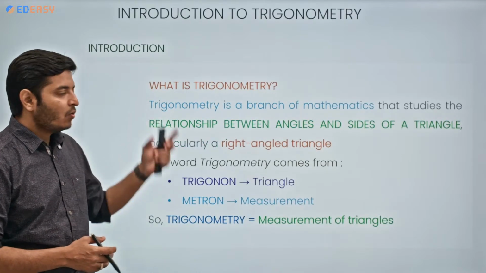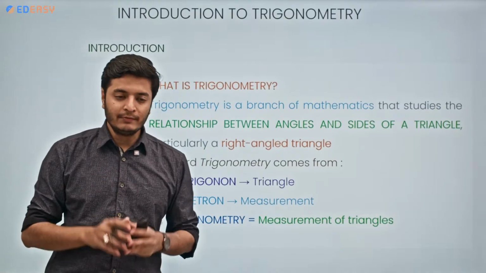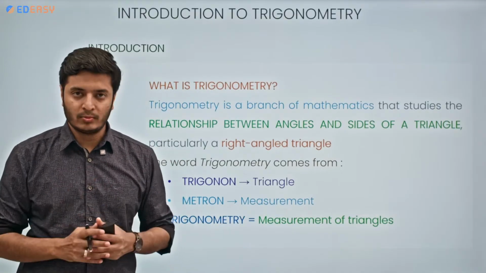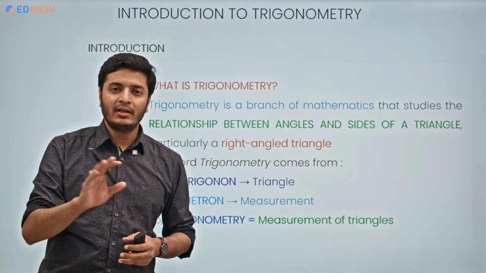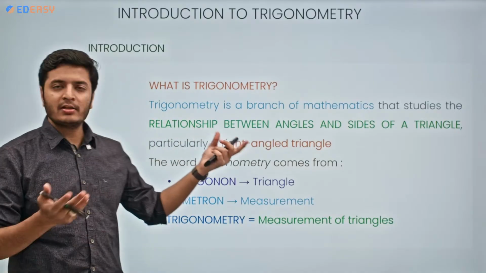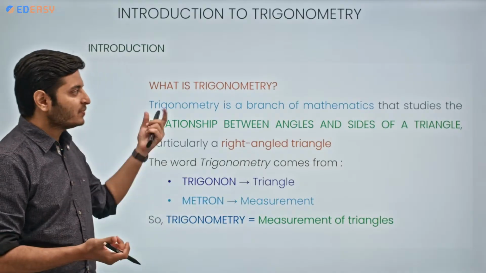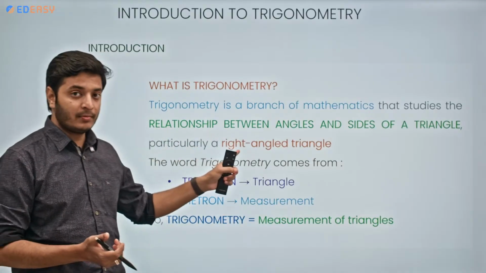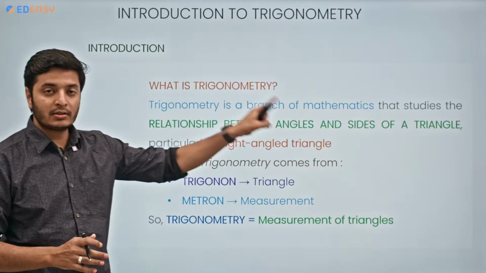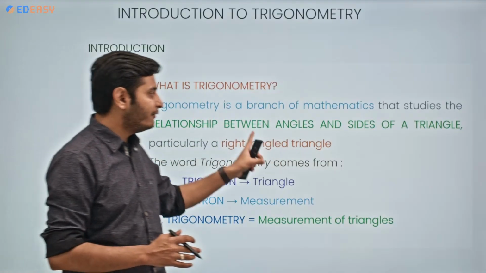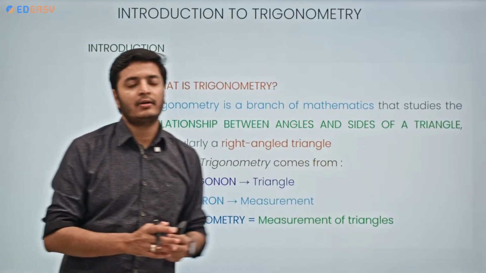Now, what is trigonometry? First, we need to understand what is trigonometry, why the name and everything. Trigonometry is a branch of mathematics that studies the relationship, look at the wordings here, that studies the relationship between angles and sides of a triangle.